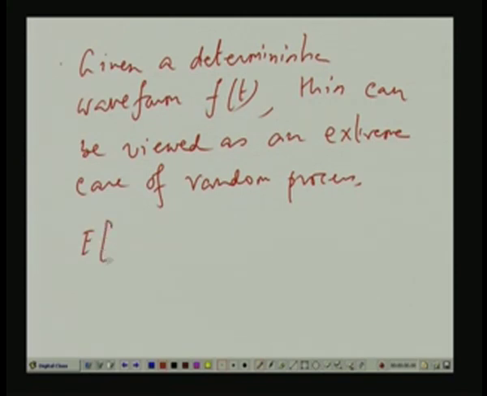That means mathematically, x of t always takes the value f of t. So, the expected value of x of t also is f of t.